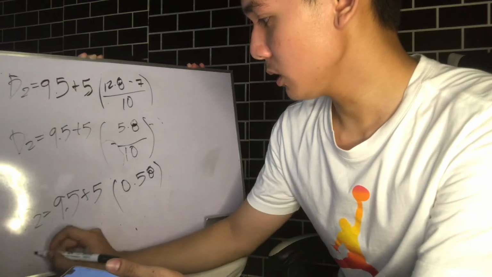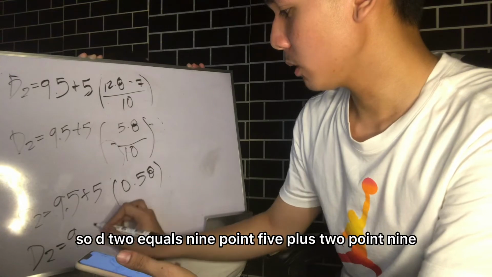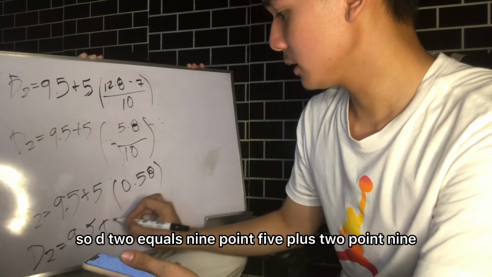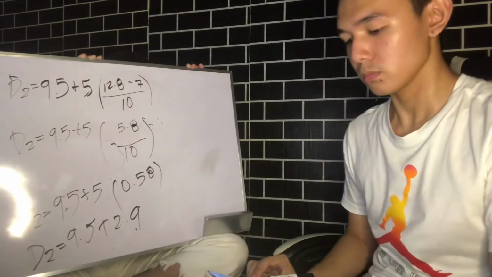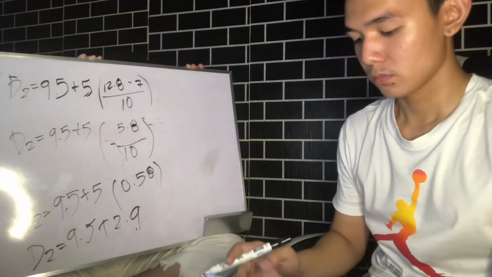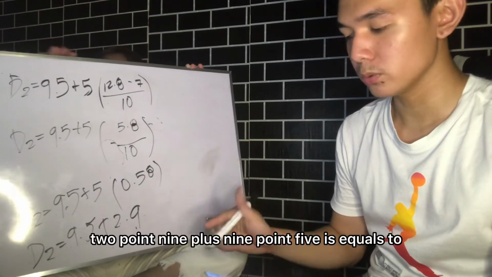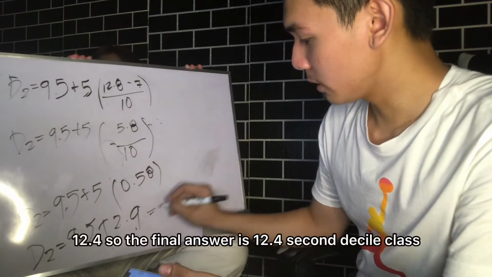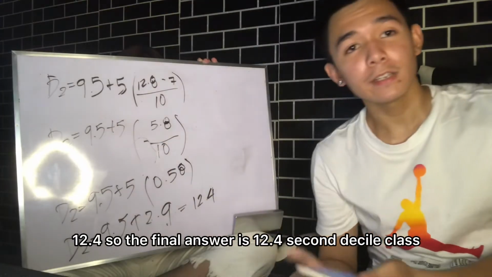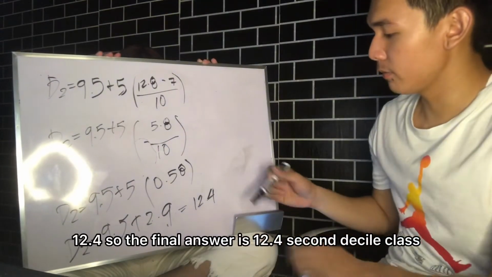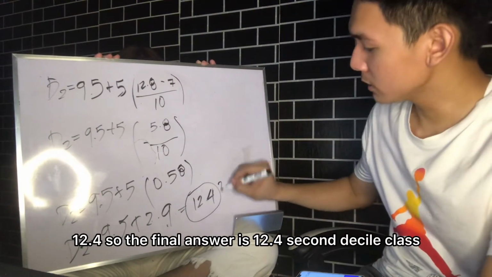So D2 equals 9.5 plus 2.9. 2.9 plus 9.5 is equal to 12.4. So the final answer is 12.4, second decile class.